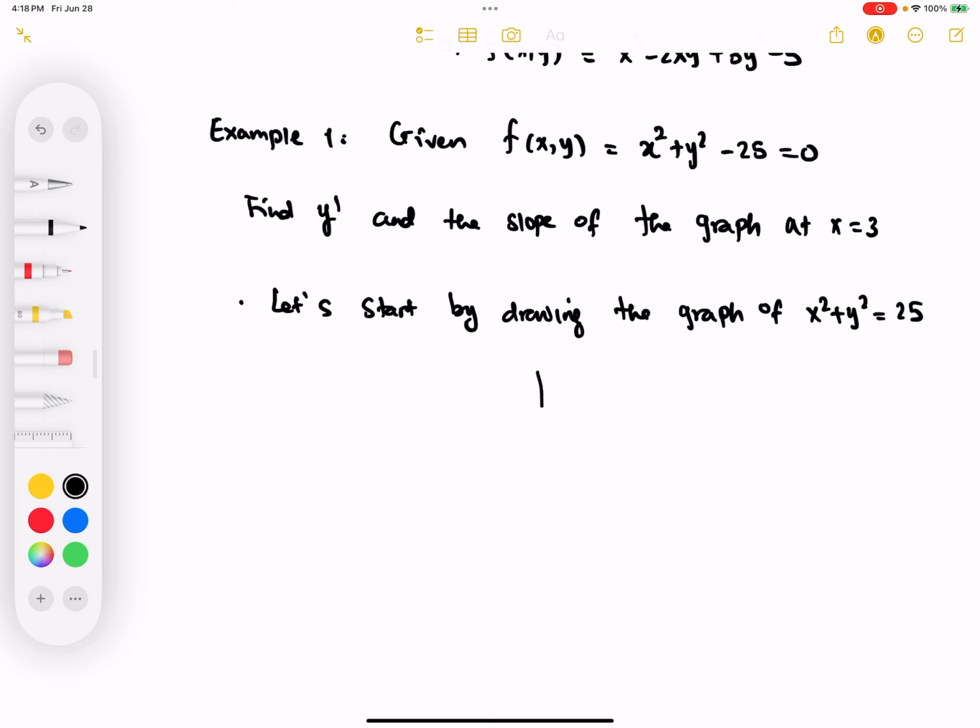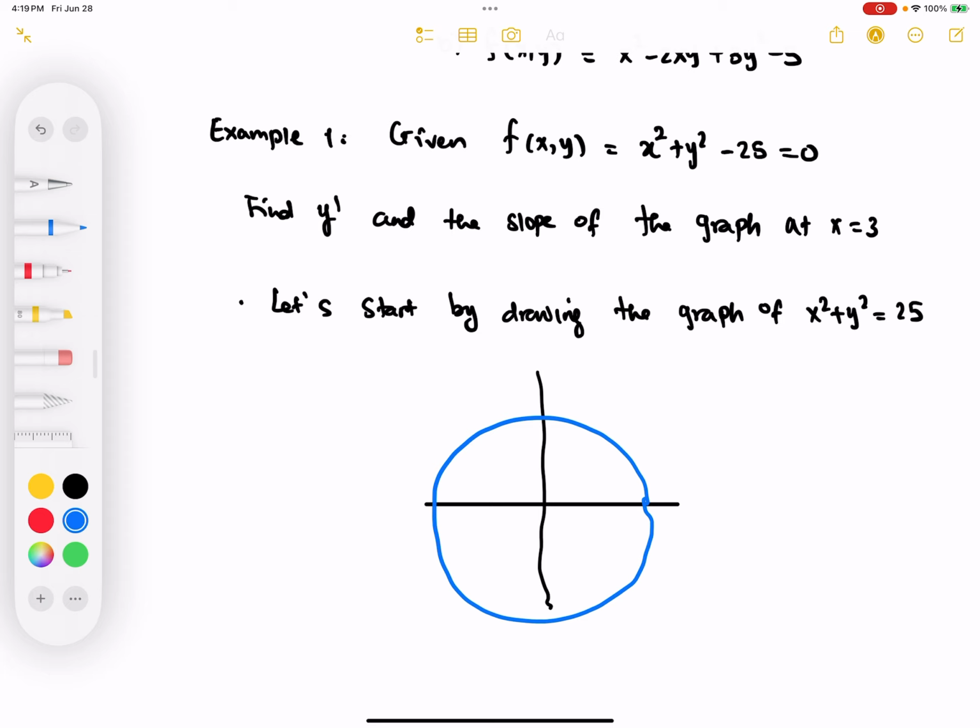For example, if you draw, this is the y, this is the x, and the circle. So this is the equation of a circle, x squared plus y squared is equal to 25. The radius is just 5. And there is a point here, x and y.